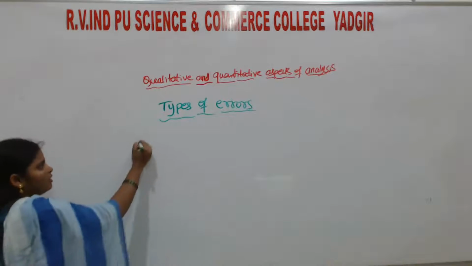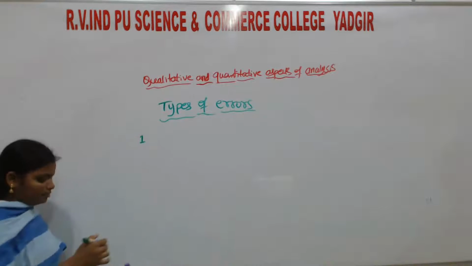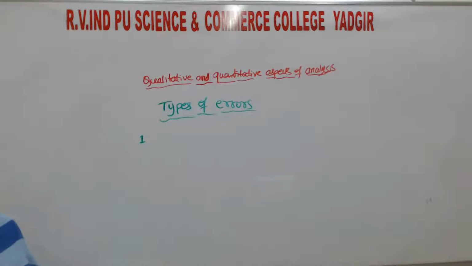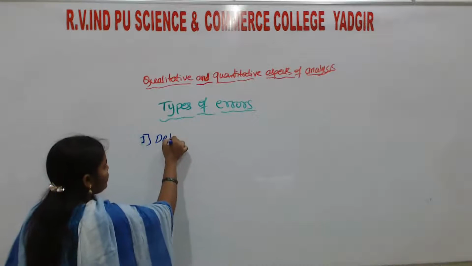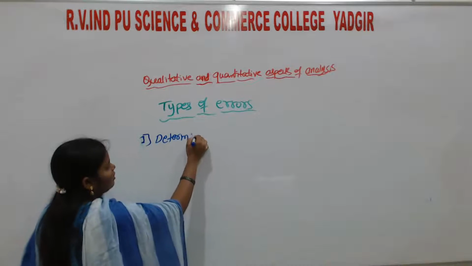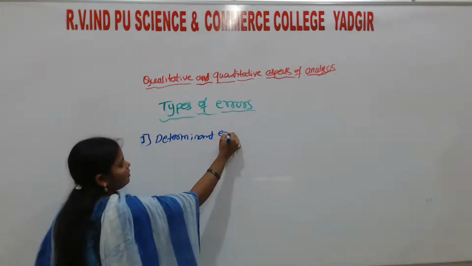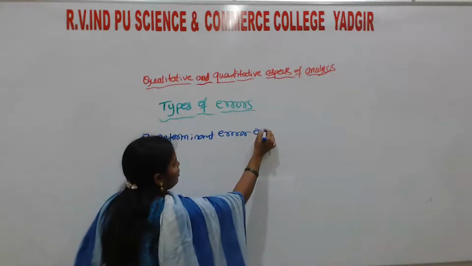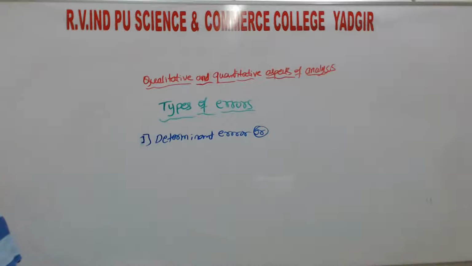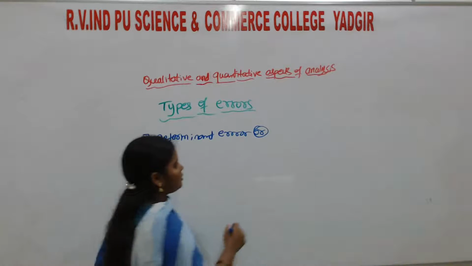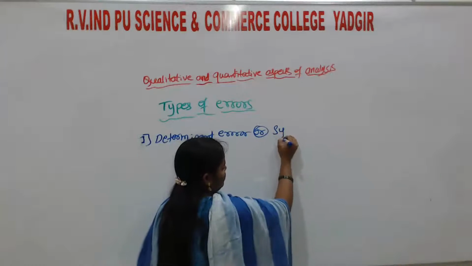First one, determinant error, also known as constant error or systematic error.